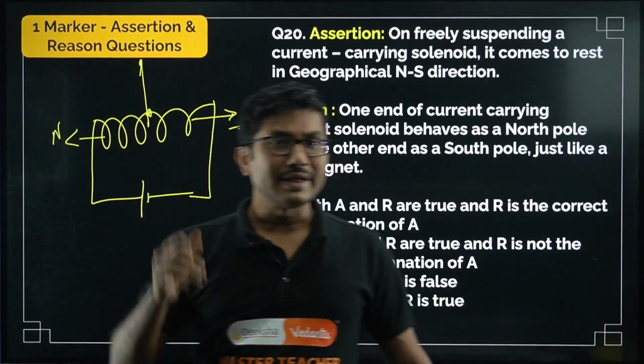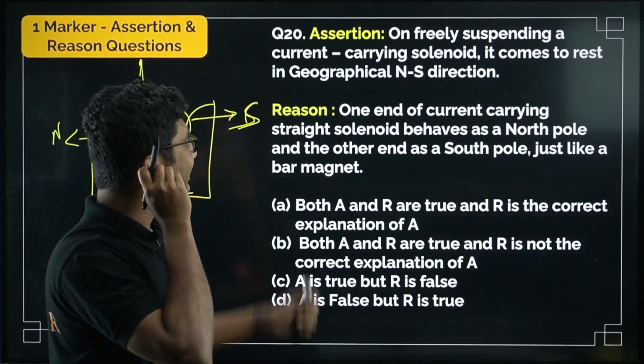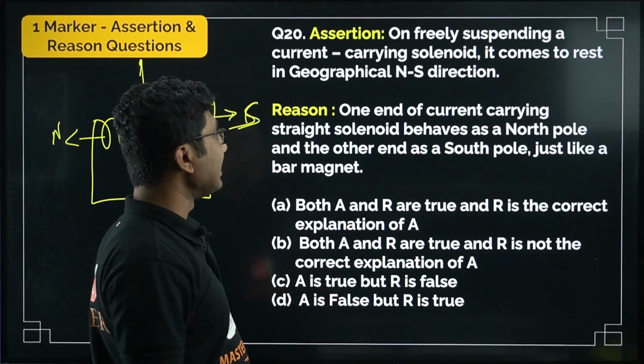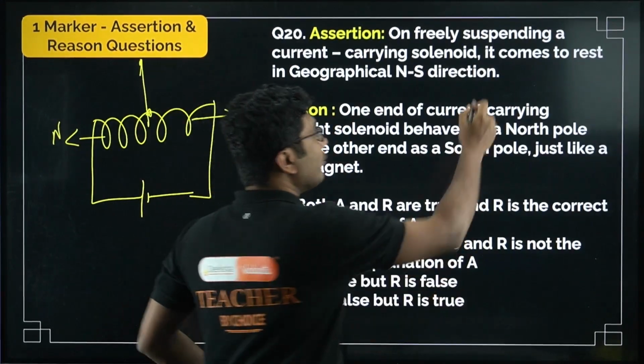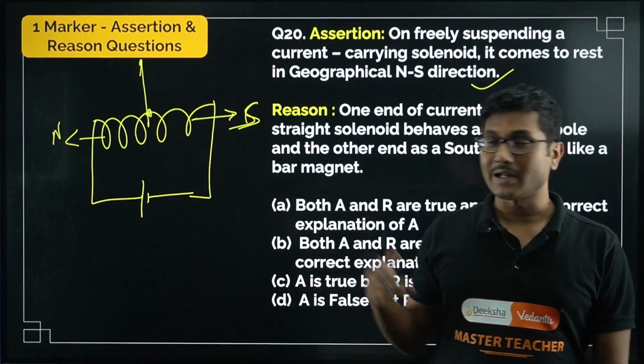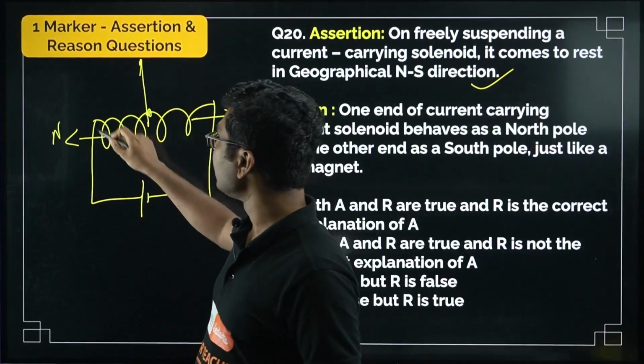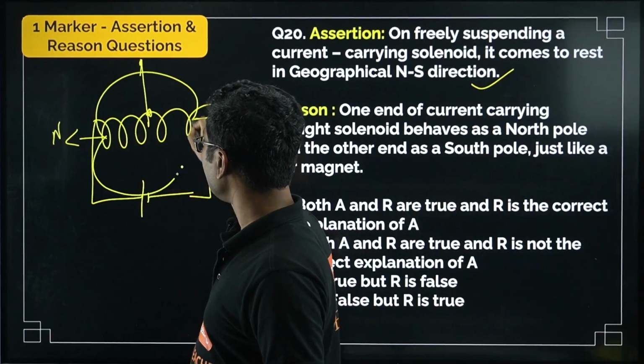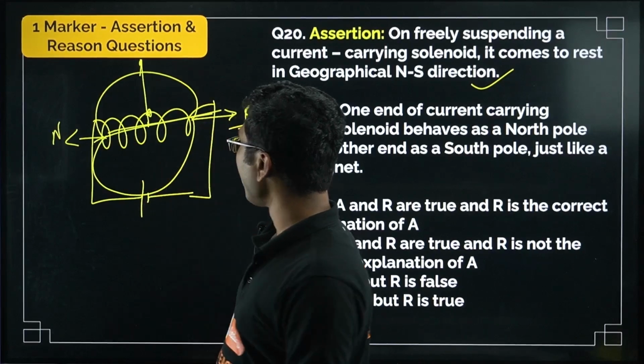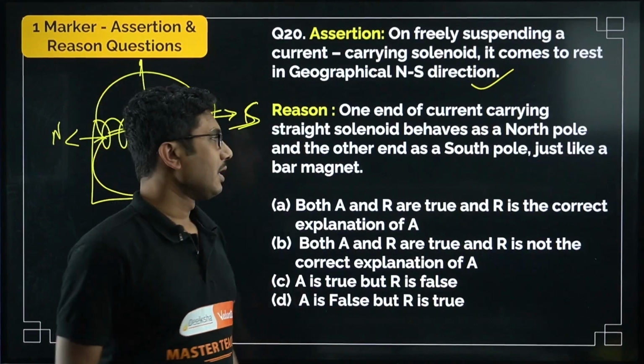Very interesting. Why so? Let's see the reason they have given. Is it correct? Yes, it is correct. We know that a solenoid behaves like a magnet. We have seen the magnetic field lines of the solenoid, so definitely it will point towards the north-south direction.